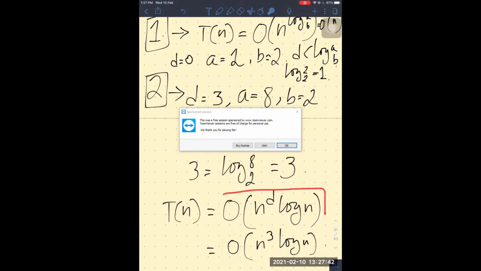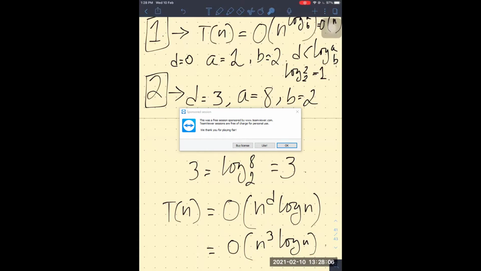This is the general formula, not the final answer. You have to put the value of the exact variable here. I think she might deduct some marks if you leave it there. It's always better to give the final answer.